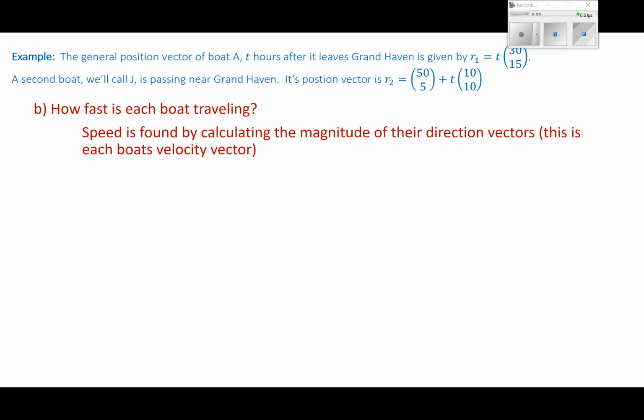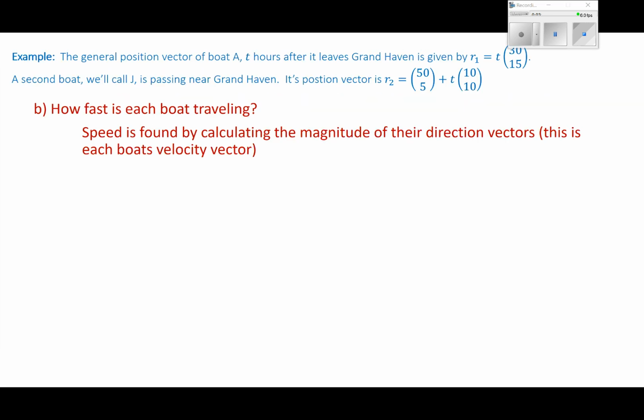Second part to this question: how fast is each boat traveling? Speed is found by calculating the magnitude of their direction vectors. This is each boat's velocity vector. For boat A, the direction vector is (30, 15).